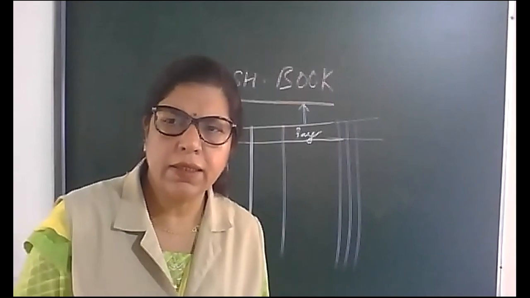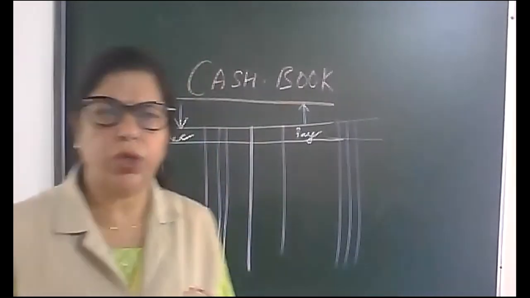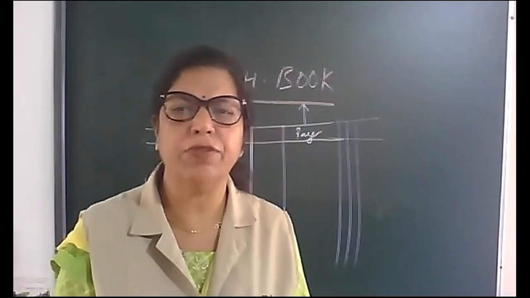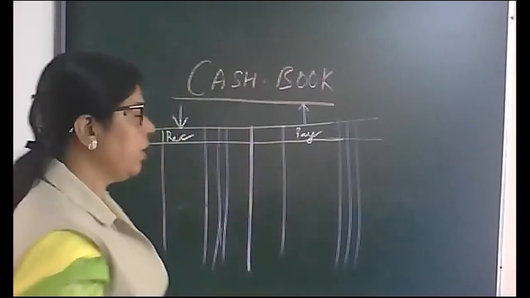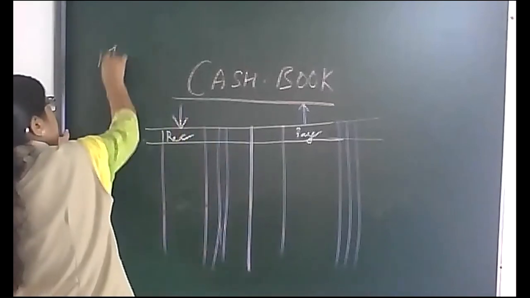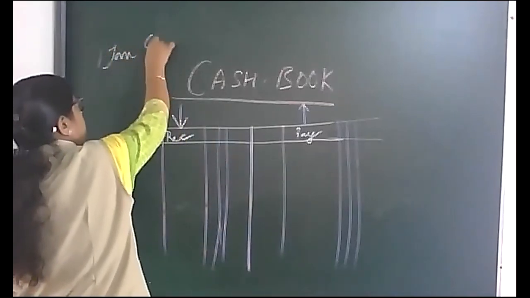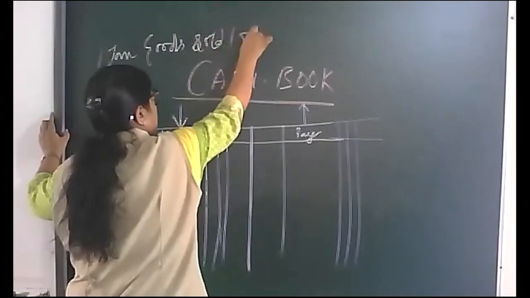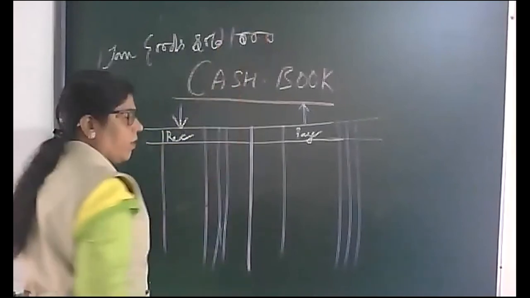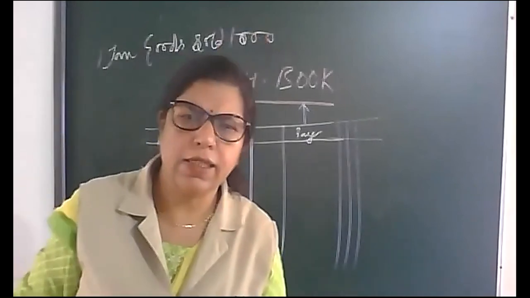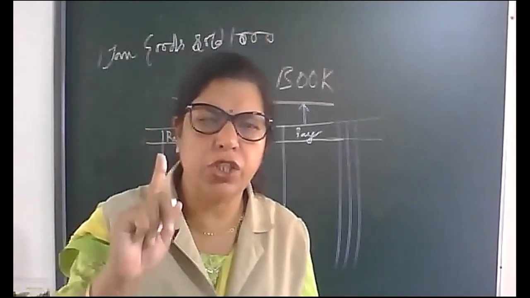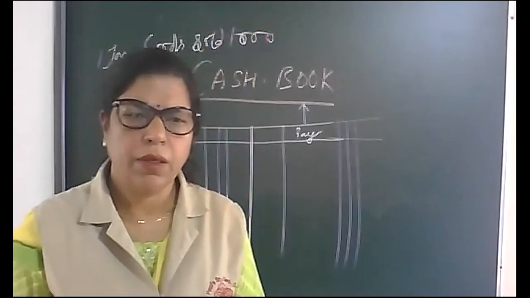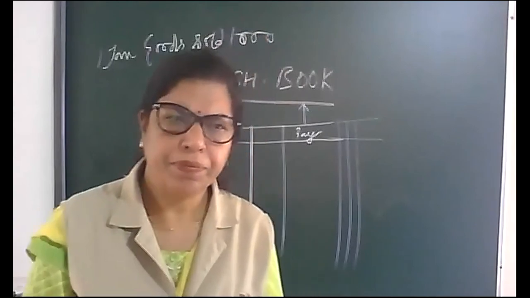Now, if a businessman is selling goods on 1st January, goods sold. This is the transaction on 1st January. Now where to enter?